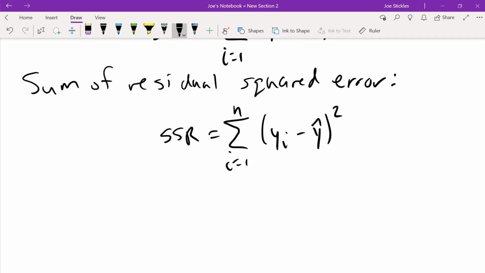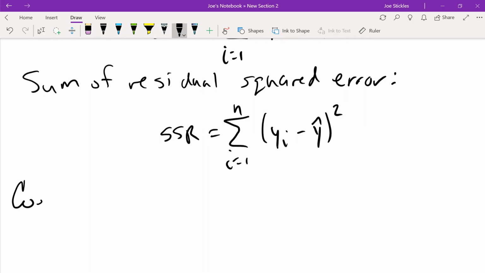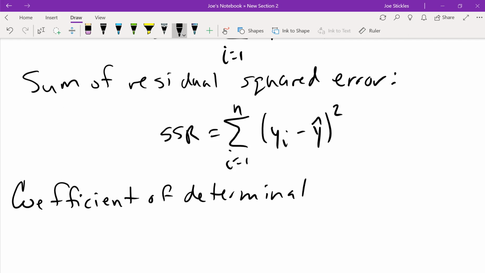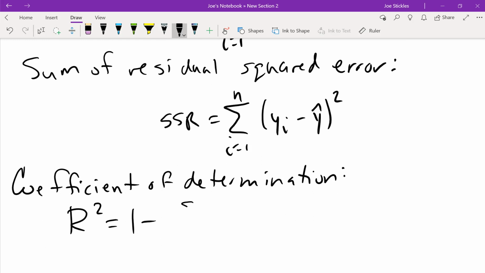We get what's referred to as the coefficient of determination, which we refer to as r squared. And this is equal to 1 minus the ratio of your residual sum of squares divided by your total sum of squares. So your residual squared error over your total squared error.